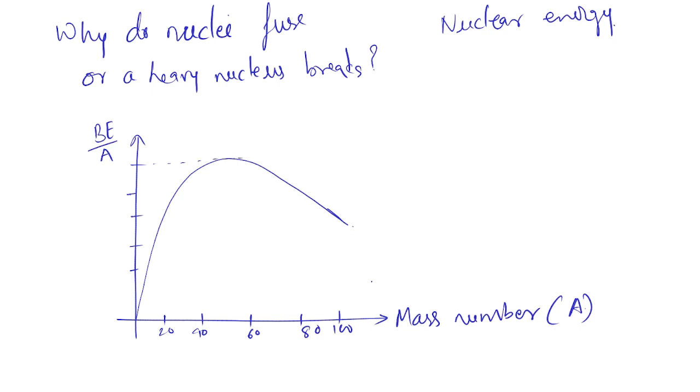Now, which is this element which is having the highest binding energy? And in this peak, there are two elements which are most probably found, and one is either iron, or the other one nickel. These are the two elements which are sitting on the peak of this curve, and they are having the highest binding energy.